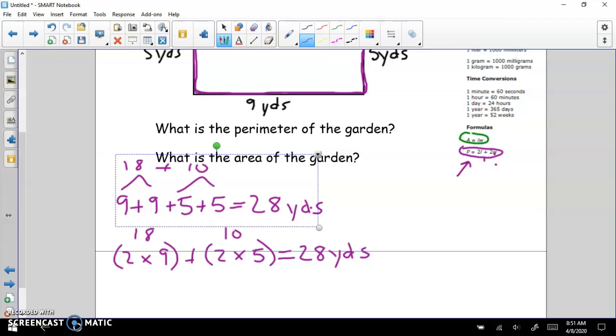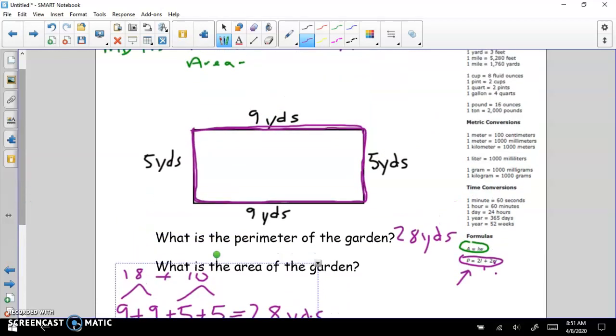So perimeter is going to be 28 yards, and it's the length around the shape. All of this purple right here, following those lines, fencing in that area, that is going to be your perimeter.